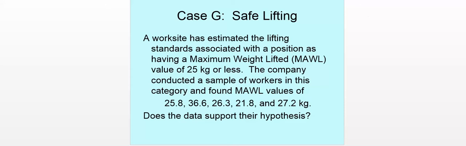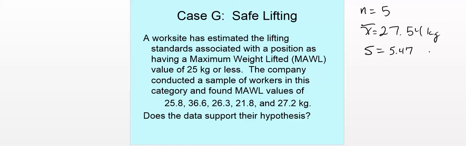If you take these 5 observations, so we have n equals 5, we have an x bar. If you take their average, you would get 27.54 kilograms, and a sample standard deviation equal to 5.47065 kilograms.